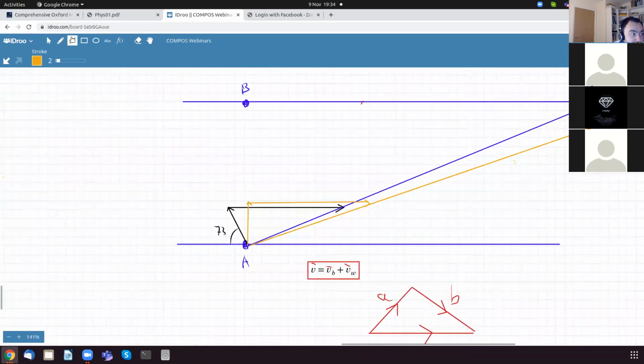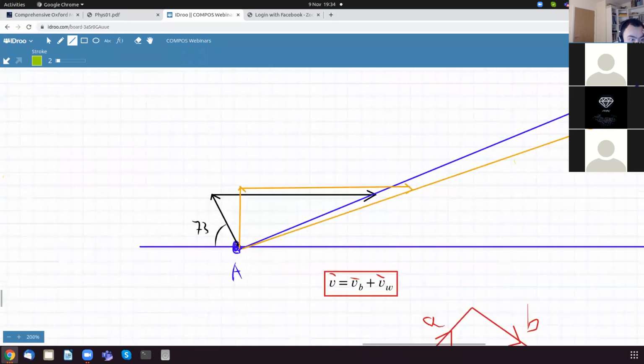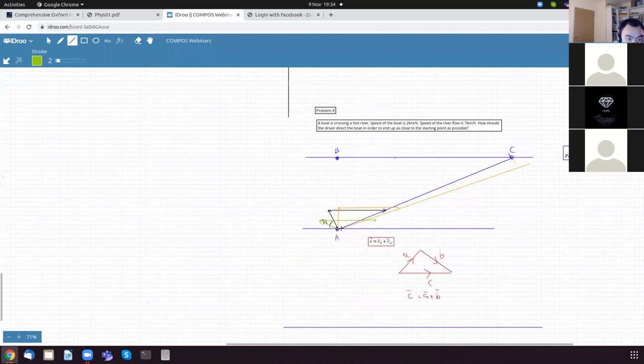If you were to reduce this angle, and the water causes you to float like this, this would also cause you to drift even further downstream.